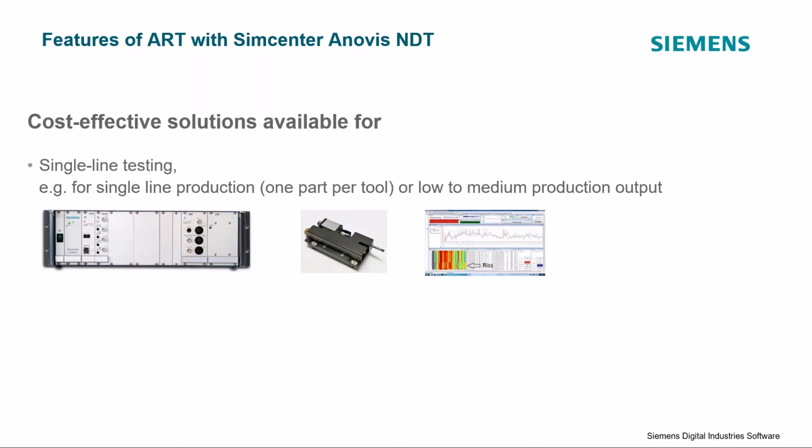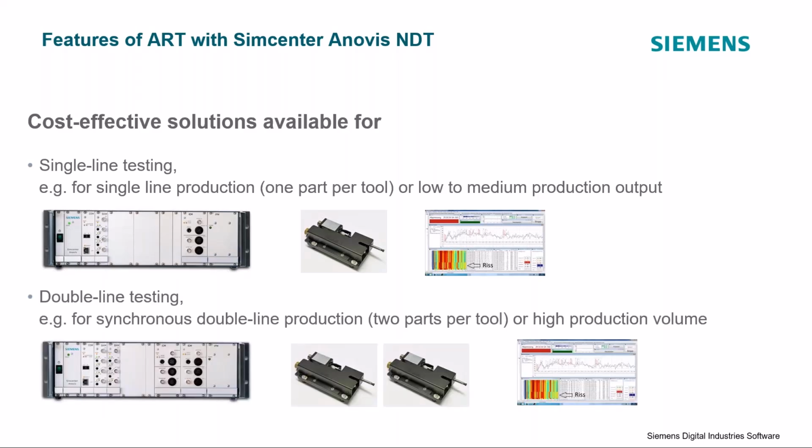It's good for low or medium output, but sometimes we face another situation, just like in the press shop. Left and right doors from the car body are produced at the same time with the same tool. They have double line production and they want to have double line testing, and they get it.